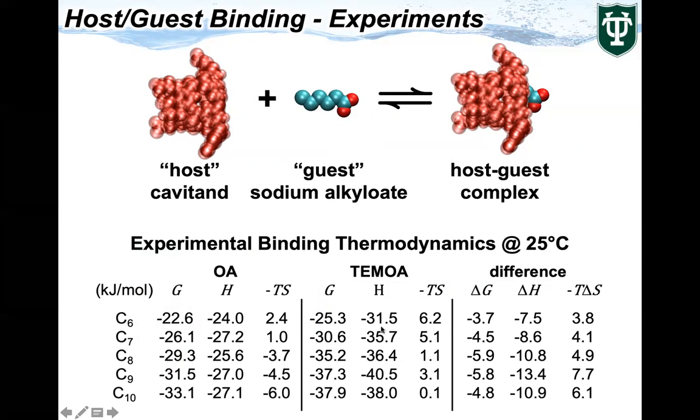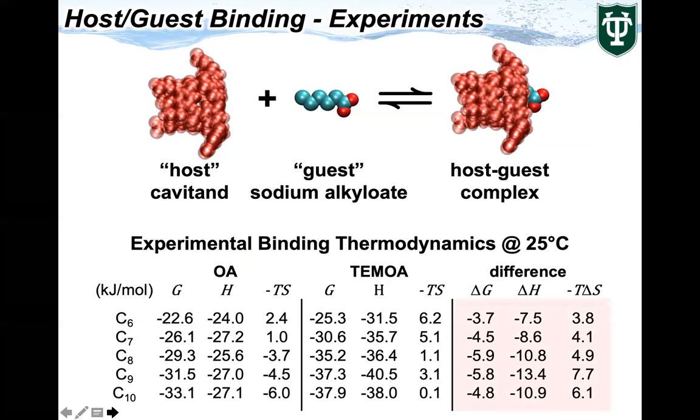When we take the difference between guest binding to TEMOA versus OA, what we find is, number one, that binding to TEMOA is more favorable in terms of the free energy. It's enthalpically more favorable and entropically unfavorable, keeping with the idea that this is a non-classical hydrophobic interaction.